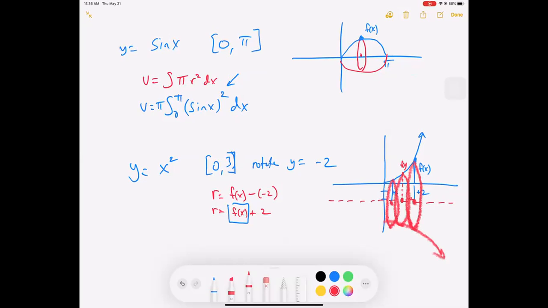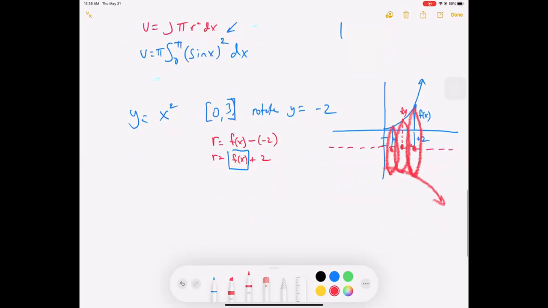Okay. So in this case, we have this pot-looking thing. So to not overthink the problem, we're just adding circles.